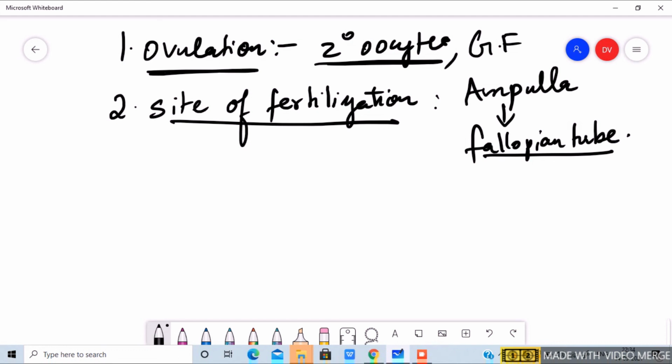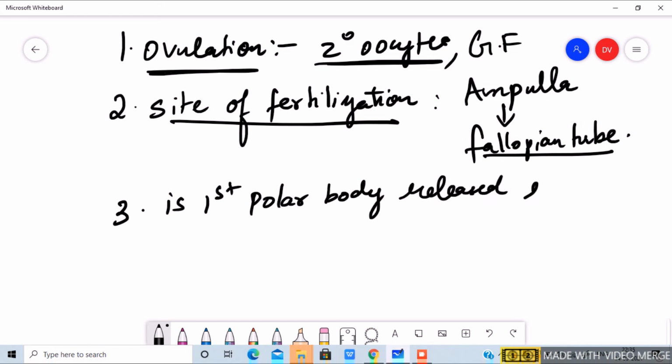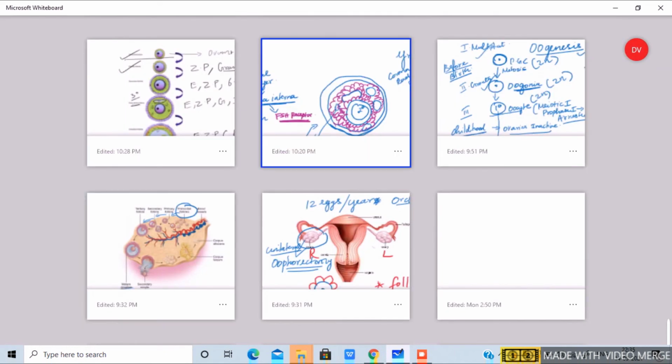And one important question: is the first polar body released every month? What do you think? Let us go back to the slide and see.